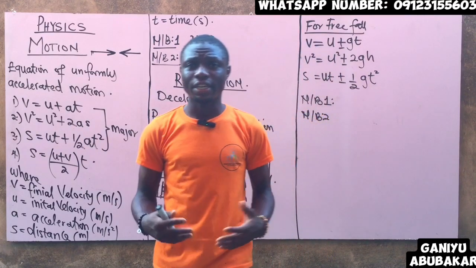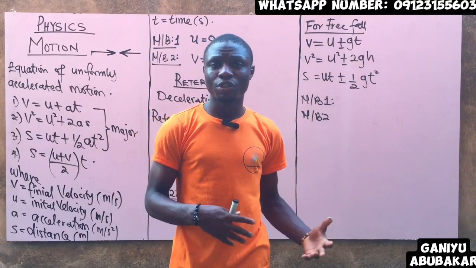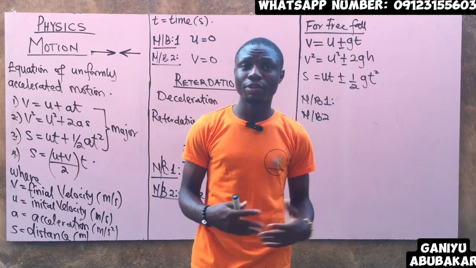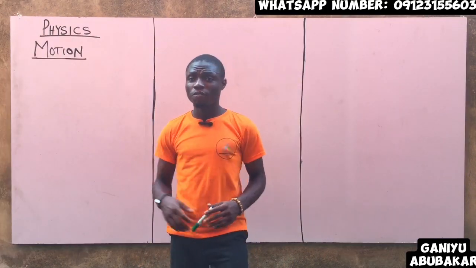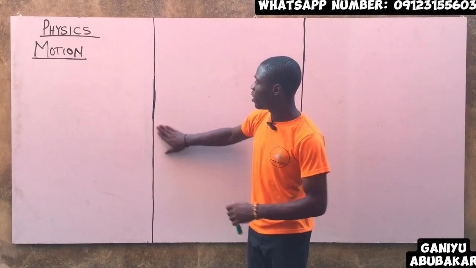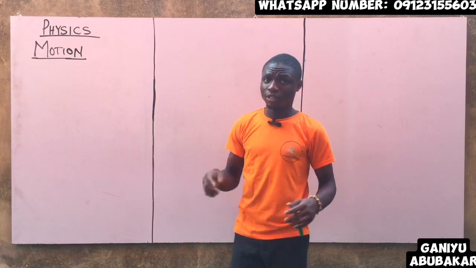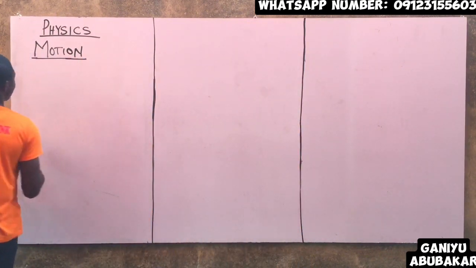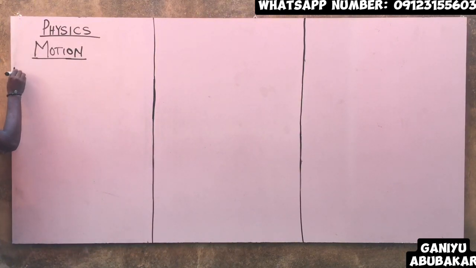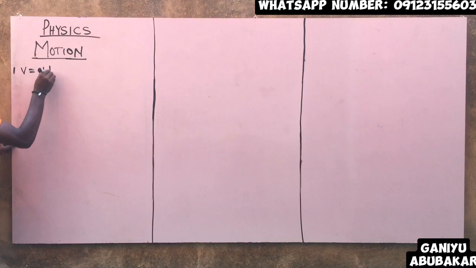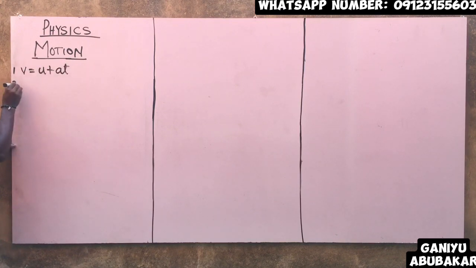Let's use all this to solve JAMB past questions and WAEC questions based on the concept of motion. Before we start solving past questions, let's summarize what we have just said. For the equation of uniformly accelerated motion, I gave you that v = u + at.